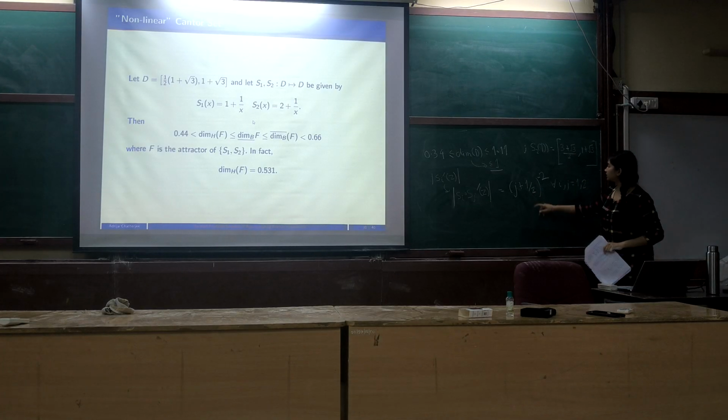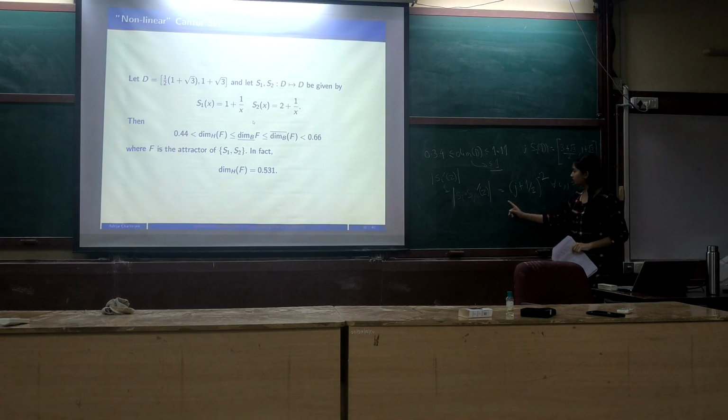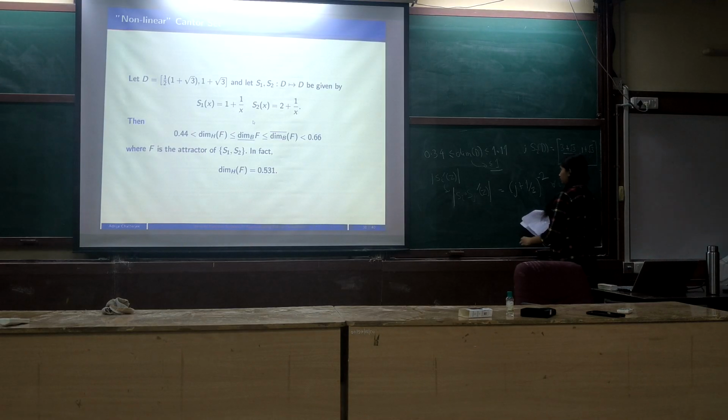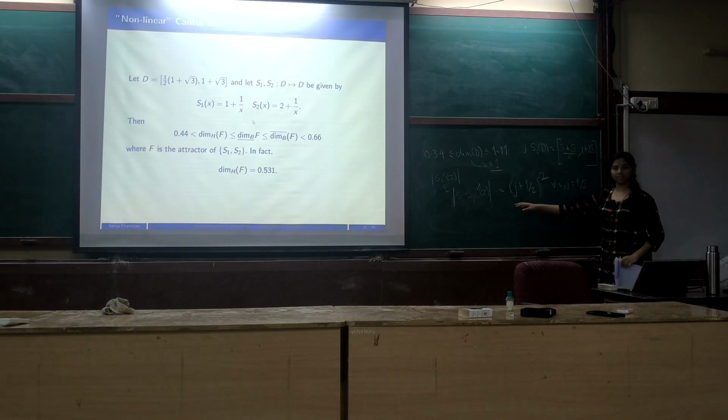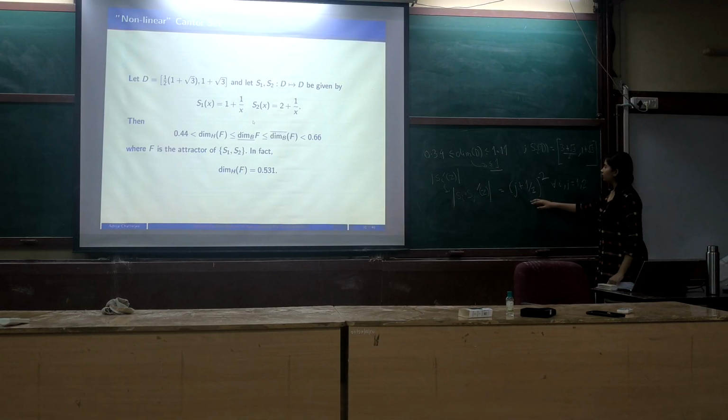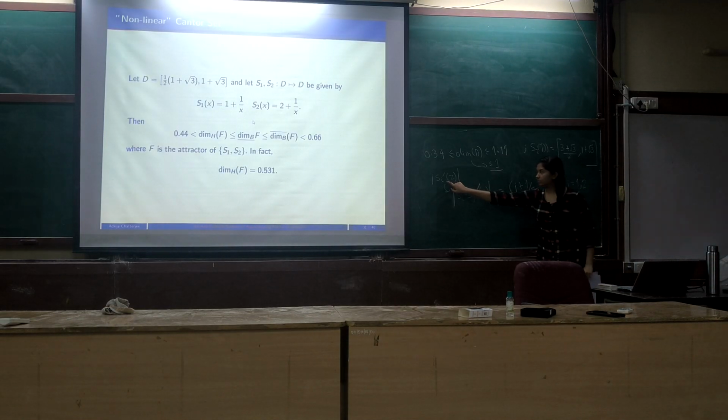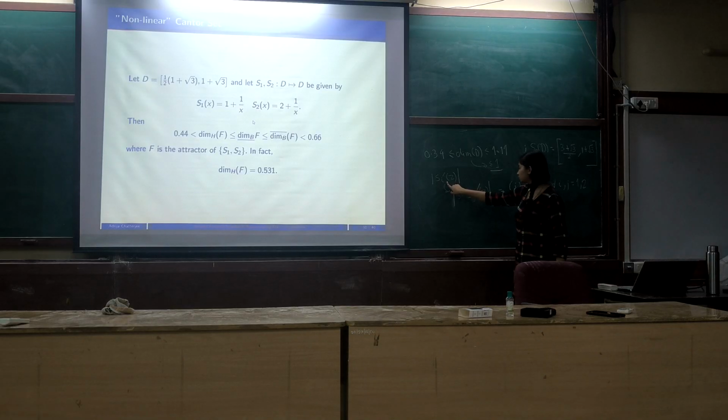So now we try to bound this with a minimum and a maximum. Previously the minimum of this value was 2 plus root 3 by 2, I think. No, it was 2 minus root 3 by 2, and the maximum of this value was 2 times 2 minus root 3.